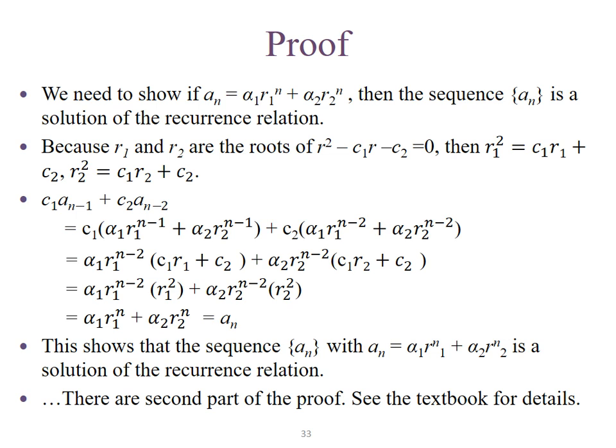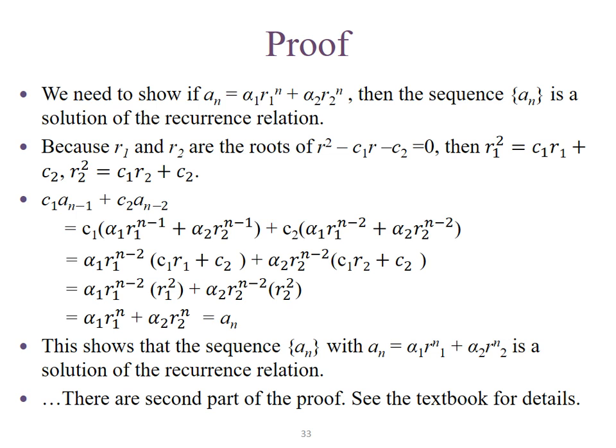And then we can rewrite the original recurrence relation, c1 times a_{n-1} plus c2 times a_{n-2}, by the facts we already know. Okay, now we have a_{n-1}, so we replace this term with alpha 1 r1 to the power of n minus 1 plus alpha 2 times r2 to the power of n minus 1.